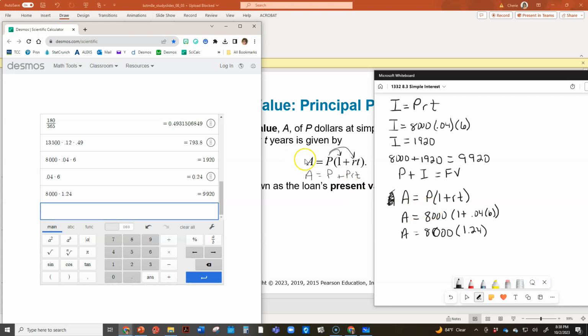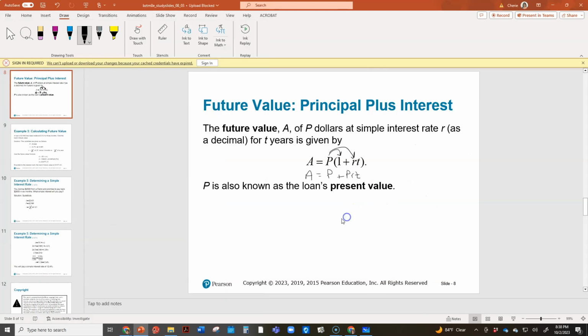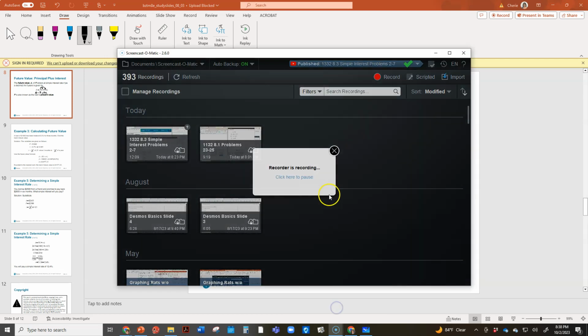So you can use this formula, or you can continue to use that formula and just remember to add your interest to your principal to get the future value of your loan. Either way is fine with me.